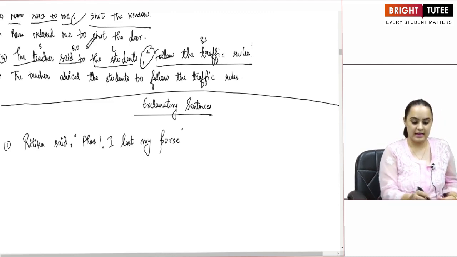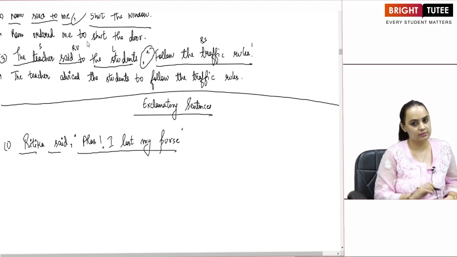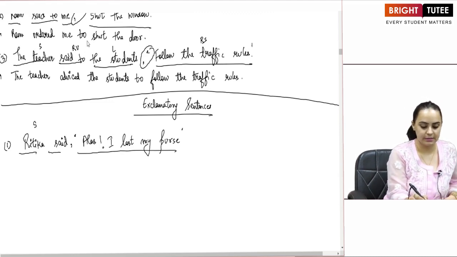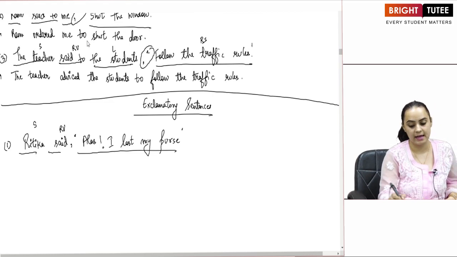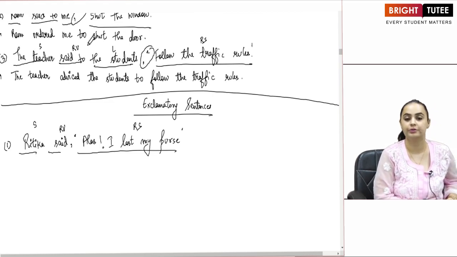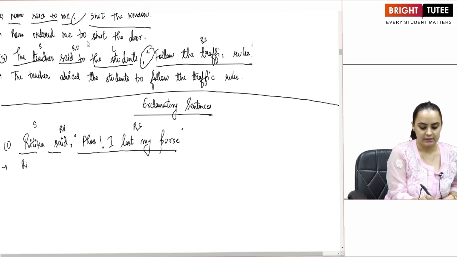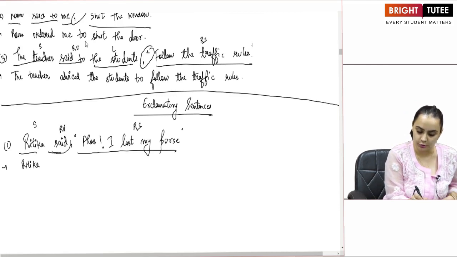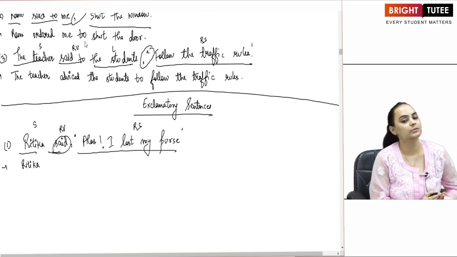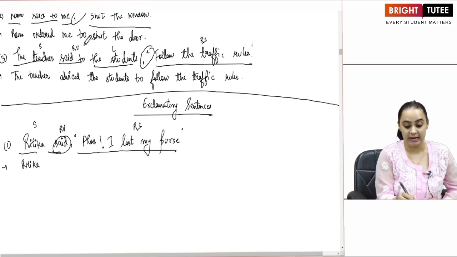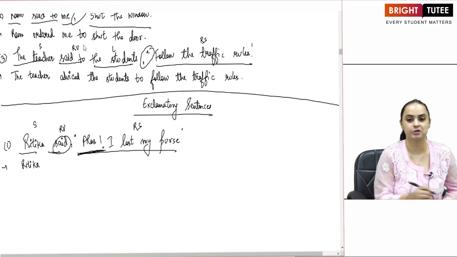So here again, read the sentence. Ritika is the speaker, reporting verb is said, and "Alas, I lost my purse" is the reporting speech. Speaker remains the same. Now here also, the reporting verb will change according to the interjection which is used.